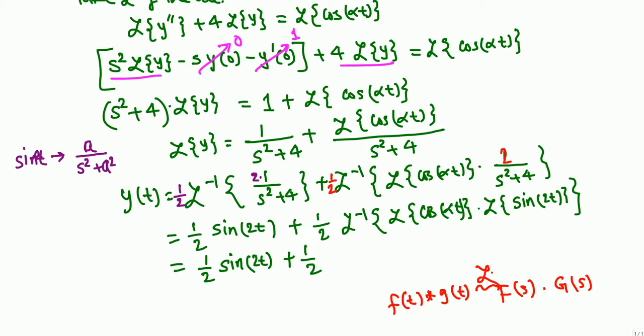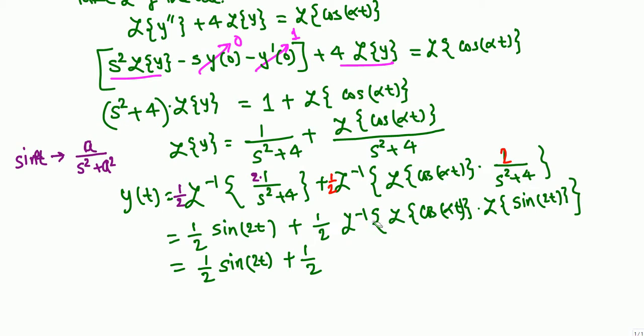We know the Laplace of f convolution g is F(s) times G(s). That means the inverse Laplace of this is just the convolution of f and g. So the inverse Laplace of these two things is the convolution of cosine alpha t and sine 2t.